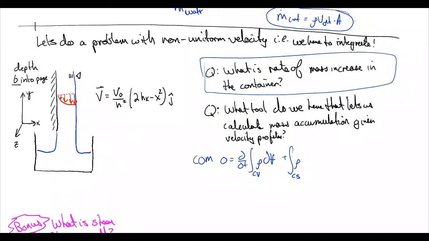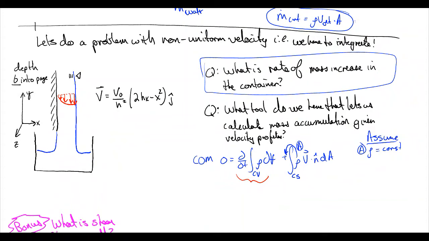Okay, so what are we going to assume? Well, we're going to assume density is equal to a constant. We call that assumption A, which allows us to pull the density outside of our integral, right? We already know that this quantity here is the rate of change of mass in our container.